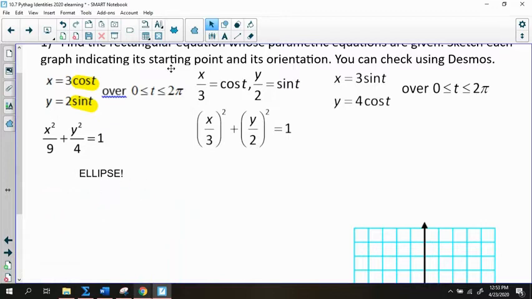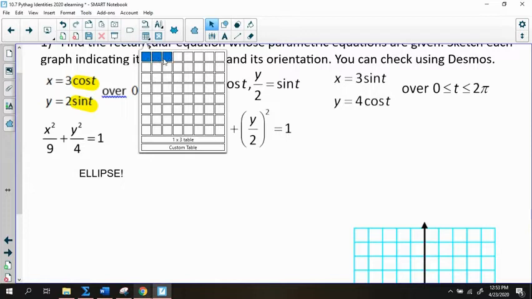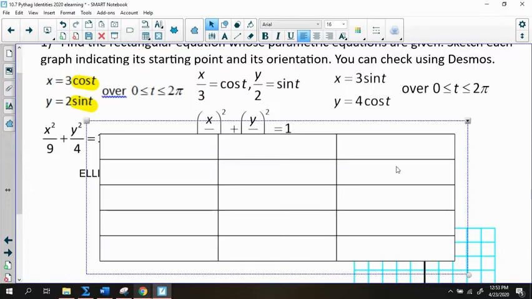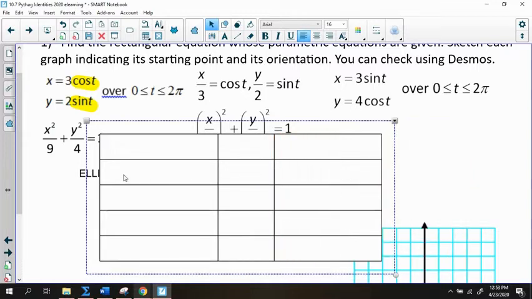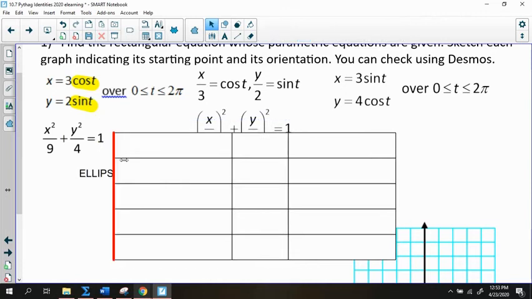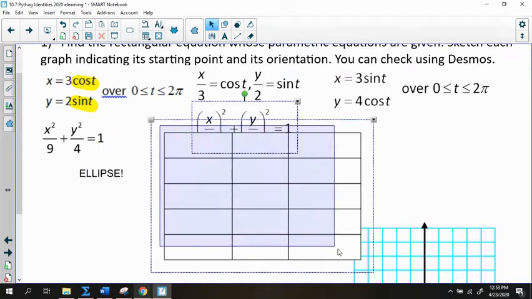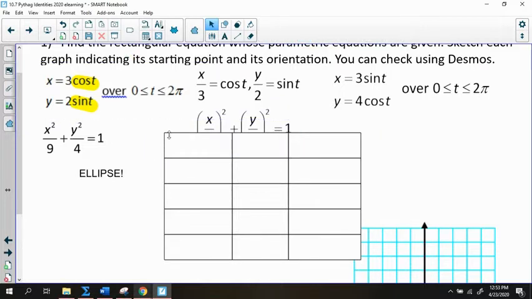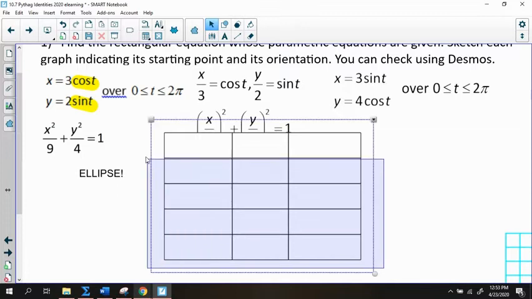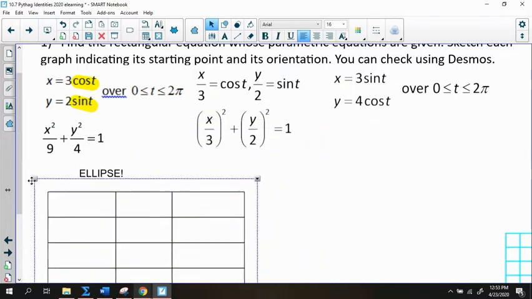But if you were doing this by hand, you could make a table of values to help you figure out the order. Sometimes you don't even need a whole table, just the first couple points, and that'll help you know the order you're going in.